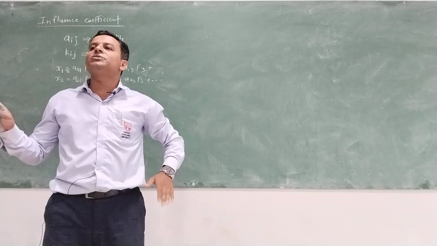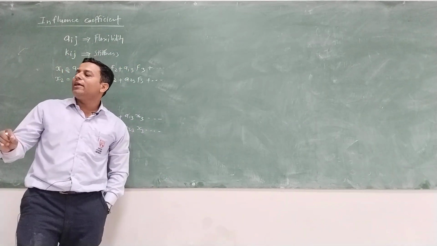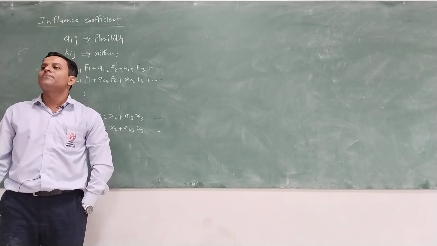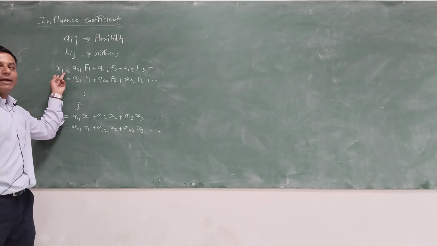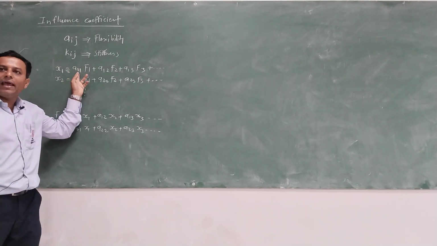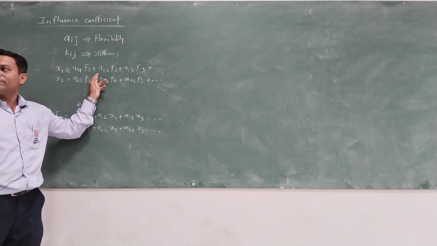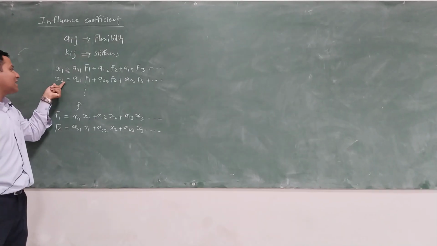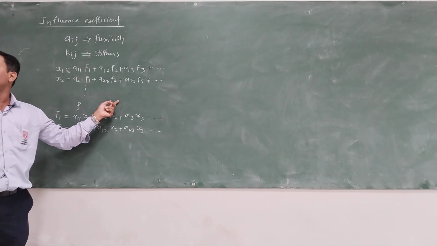You can simply call it influence coefficient. So when we call only influence coefficient, it is flexibility influence coefficient, meaning displacement is represented in the form of A into F. Similarly x2, x3, xn, you can write n number of equations.